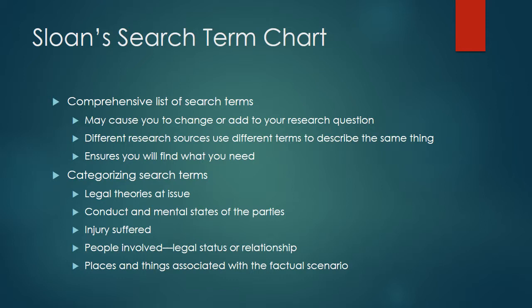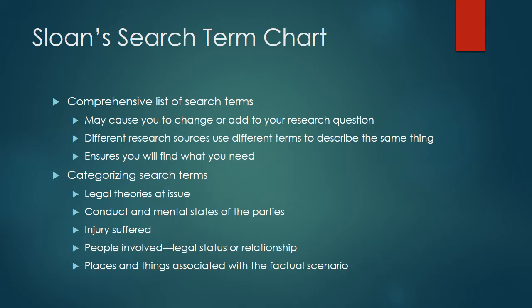So in other words, this type of chart is very useful for any of the three methods of generating search terms. Her categories are a little bit different and cover the legal theories, the conduct of and mental states of the parties, the injury suffered, the people involved, and the places and things.